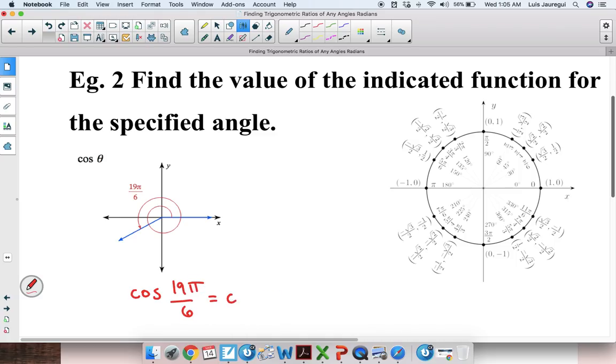So we can say, well, this is the same as cosine of 19 pi over 6 minus 2 pi. Now let's find the common denominator. In this case, the common denominator happens to be 6. So we have cosine of 19 pi over 6 minus 2 pi times 6 over 6.